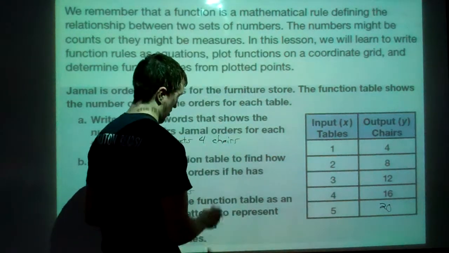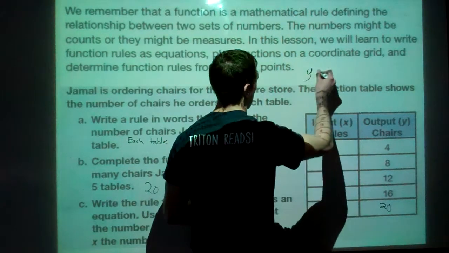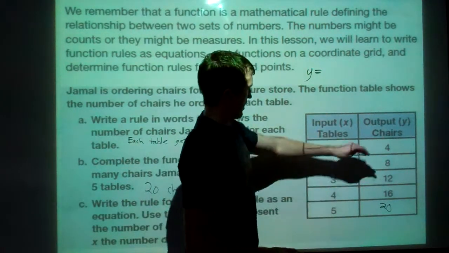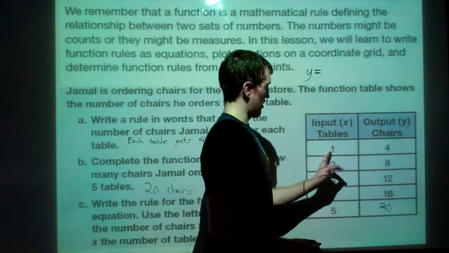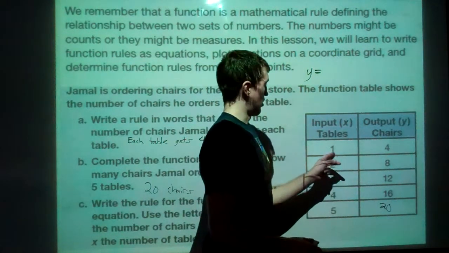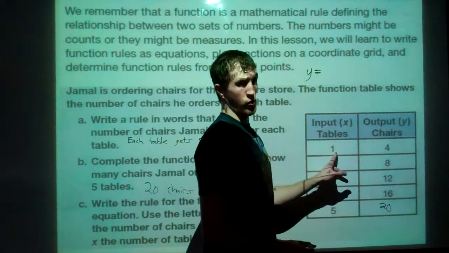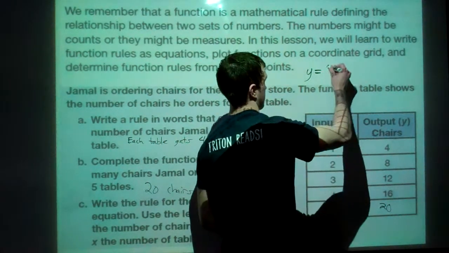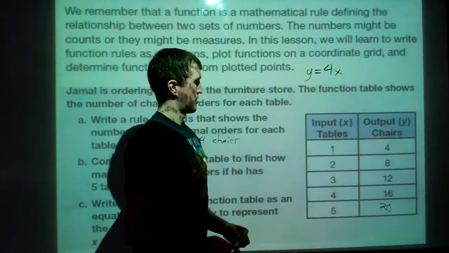We're going to have Y equals, and it looks like whatever Y is, it's 4 times whatever X is, okay? So to get Y, we have to multiply by 4. I have to multiply all the X's by 4 in order to get those outputs.